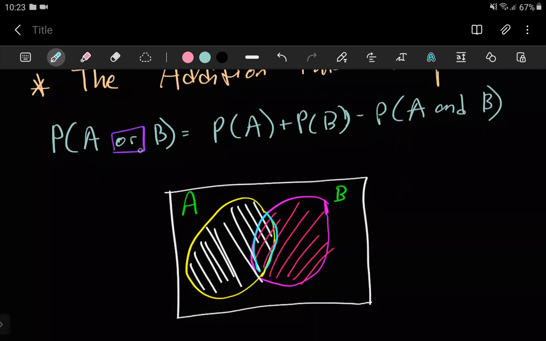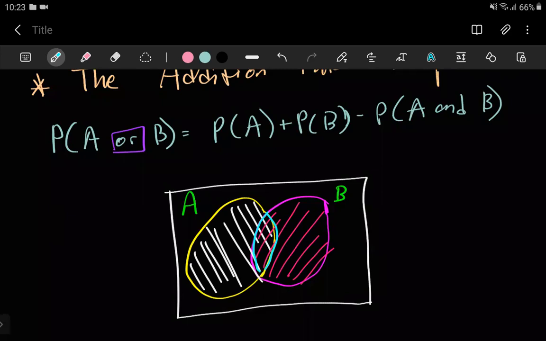So that's the probability of A or B. You would take whatever number is here plus the number in the middle plus the number at the end there, add them all up, and then divide by whatever total you are dealing with. That's how you would get the probability of A or B.